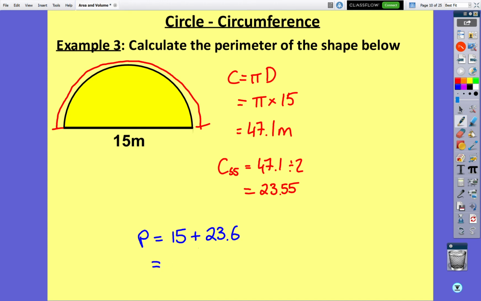So add that together is going to give you 38.6 meters. Because remember, perimeter is just a length, so that's a good example of combining circles and perimeters. So it's not just as simple as plugging a number in. There's a couple of elements to that. We're halving it here because it's a semicircle.